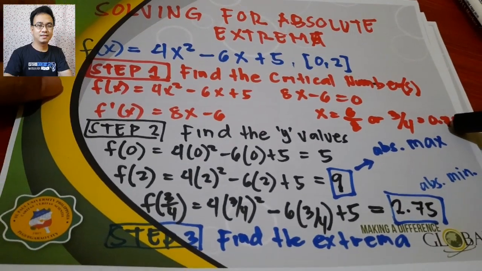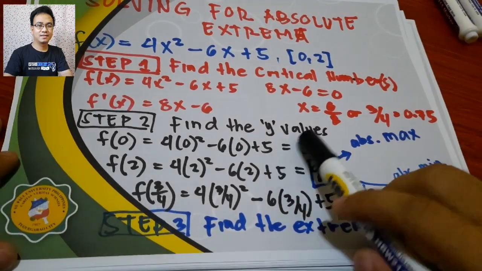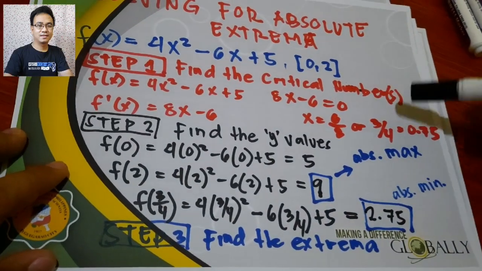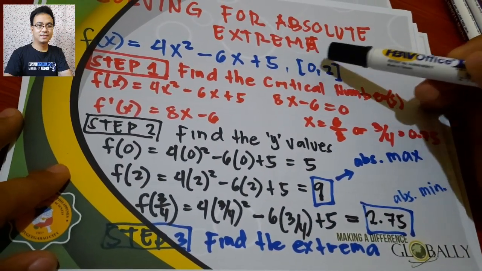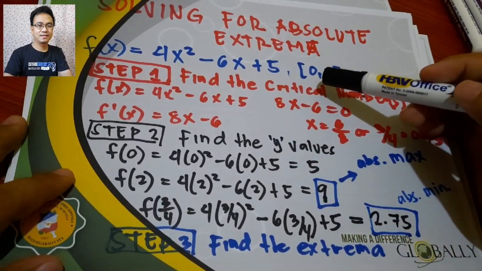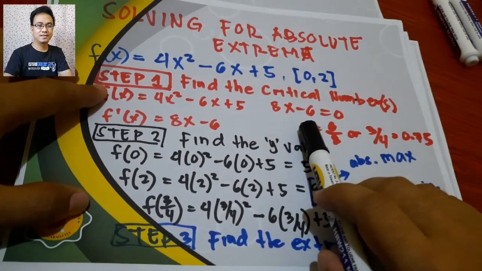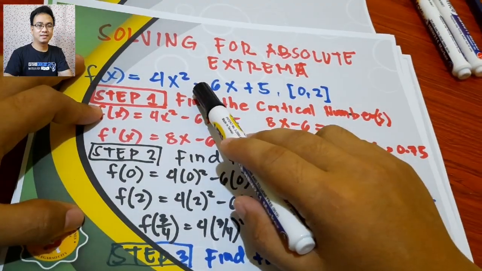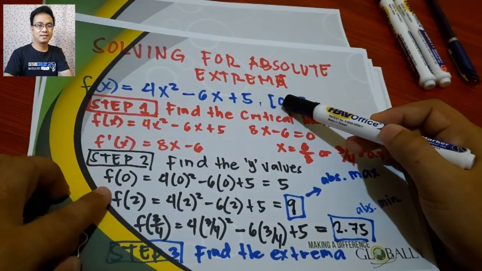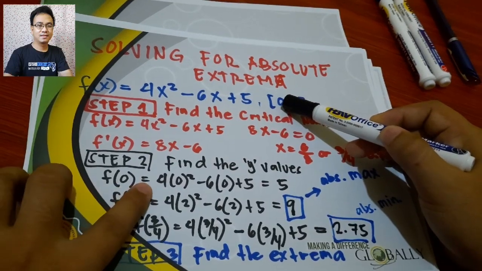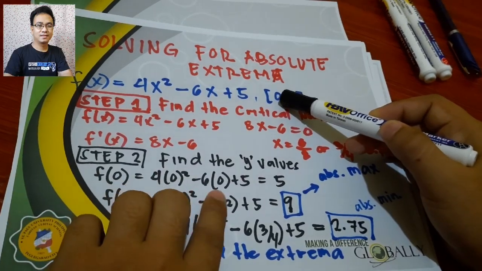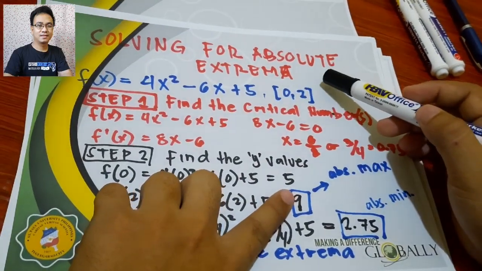After that, for our step 2, find the y values. Substitute lamang natin yung value ng closed interval 0, 2, and our critical value in our original function. So, anong original function natin? That is f of x equals 4x squared minus 6x plus 5. Substitute natin yung 0, magiging f of 0 equals 4 times 0 squared minus 6 times 0 plus 5 equals 5.